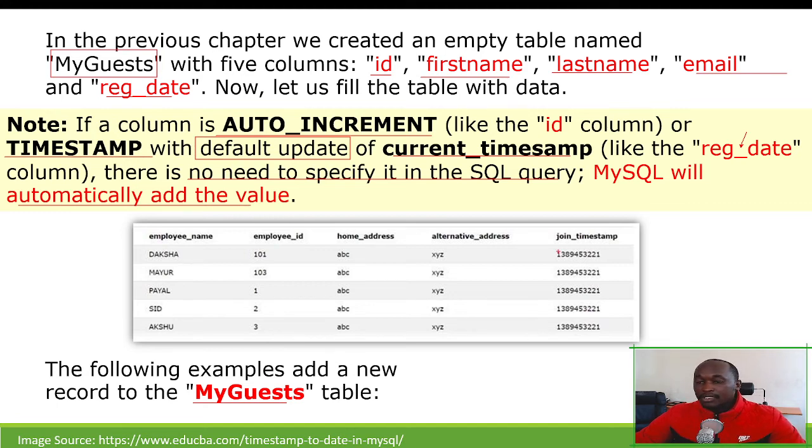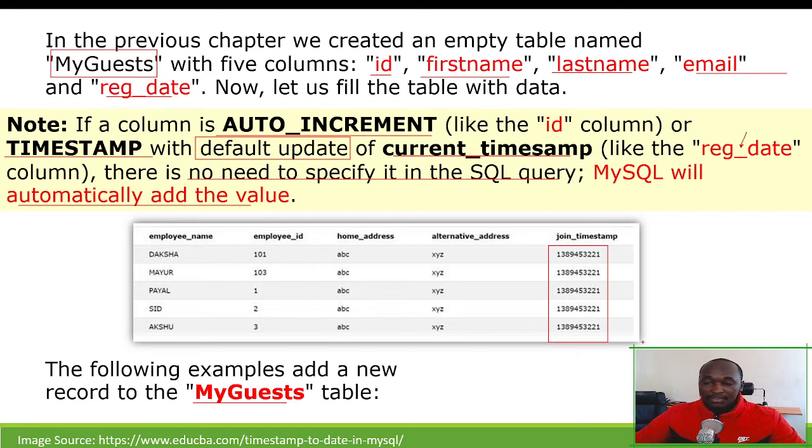MySQL will automatically add the value. Now here, I just put this graphic image to show you how a timestamp might be saved. This is just one way it might be saved: the number of seconds since the very first second of 1st January 1970.